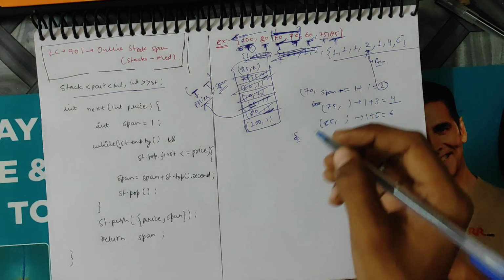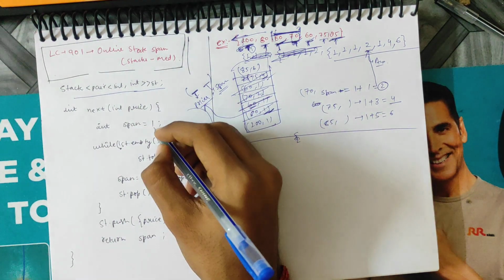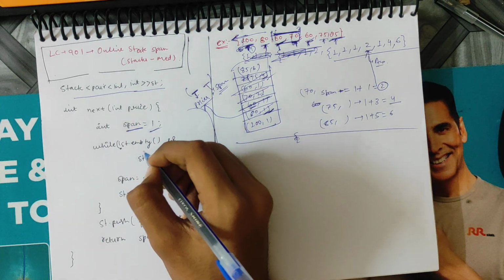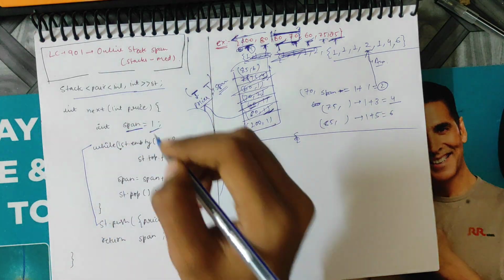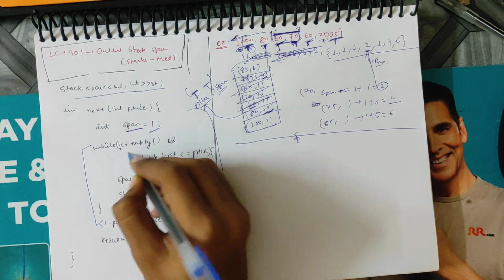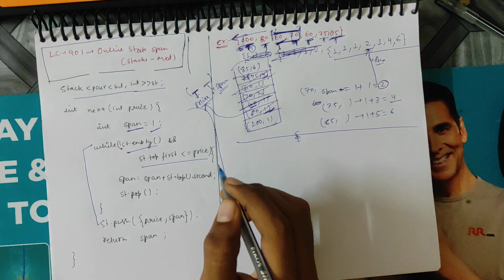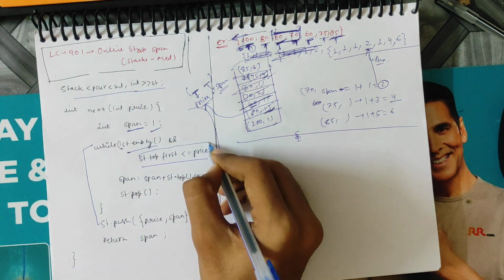So for this process we have this code. We declared a variable span which starts from 1, and here is the main part. We have a while loop which executes while the stack is non-empty, because when the stack is empty we won't have any element in the stack, and the stack's top first element is less than or equal to the price. What does this mean?